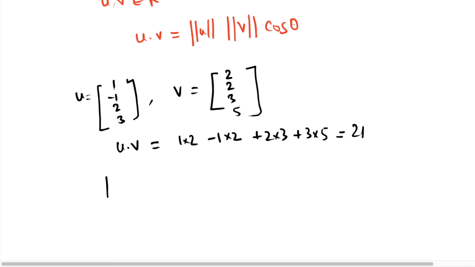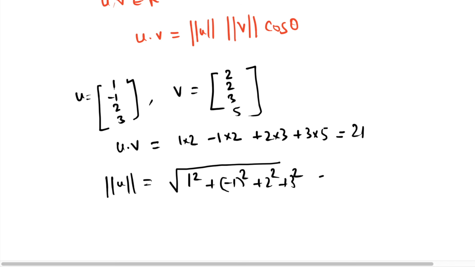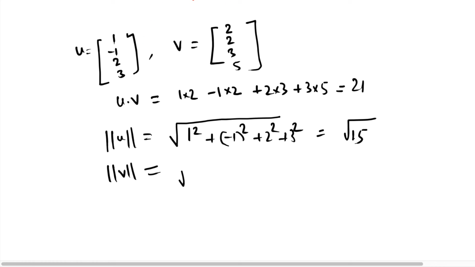The length of the vector u will be the square root of 1 square plus -1 square plus 2 square plus 3 square, and this will be root of 15. And the length of the vector v will be equal to the square root of 2 square plus 2 square plus 3 square plus 5 square, and this will be square root of 42.